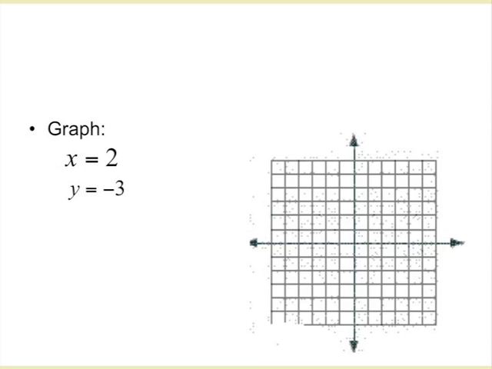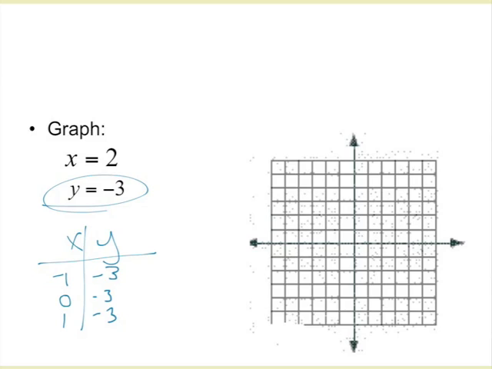So I'm going to start with the y equals negative 3. So if I made a chart, an xy chart for that, I can pick whatever I want for my x's. Well, if I plug a negative 1 in for x, well, there's no x's in there. It just tells me y is negative 3. So that means y is negative 3. Y is negative 3 no matter what x is.